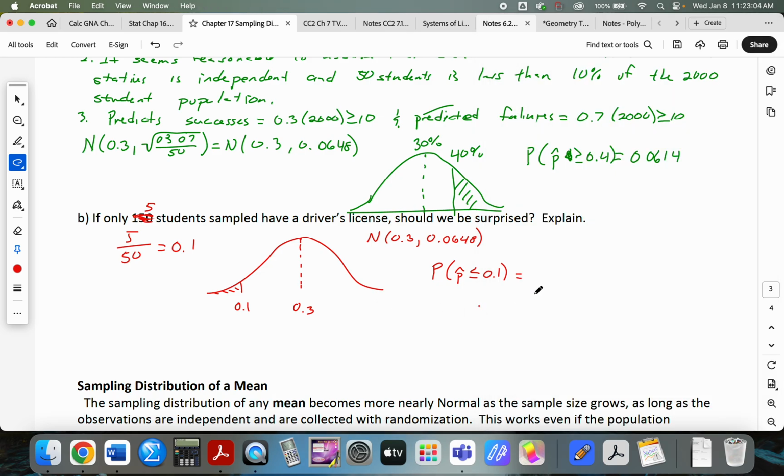So, less than a tenth of a percent chance.